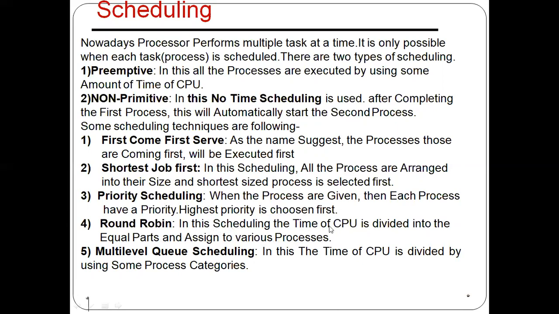First it schedules the CPU time, divided into equal parts assigned to the various processes. So next is queue scheduling, multiple queue scheduling. In this, the CPU time is divided using some process categories.